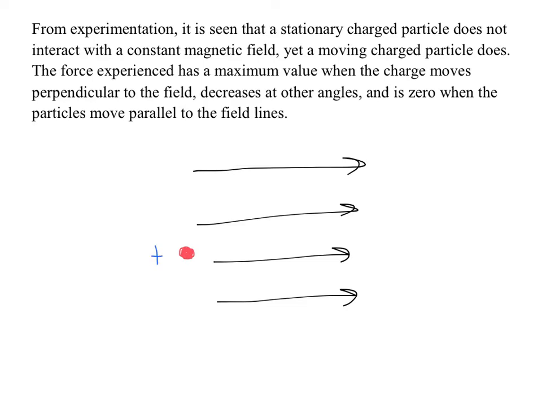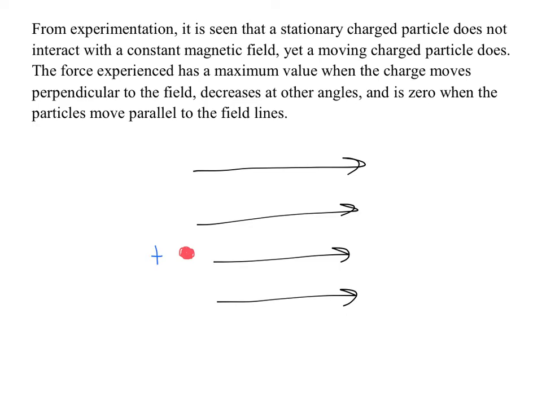So we have a particle here. Now, if this particle is stationary, it's not going to feel any sort of magnetic pull because it's stationary. Now, if I put a positive particle in this case, and this particle started moving, it feels a magnetic force the most if it is moving perpendicular to the field.